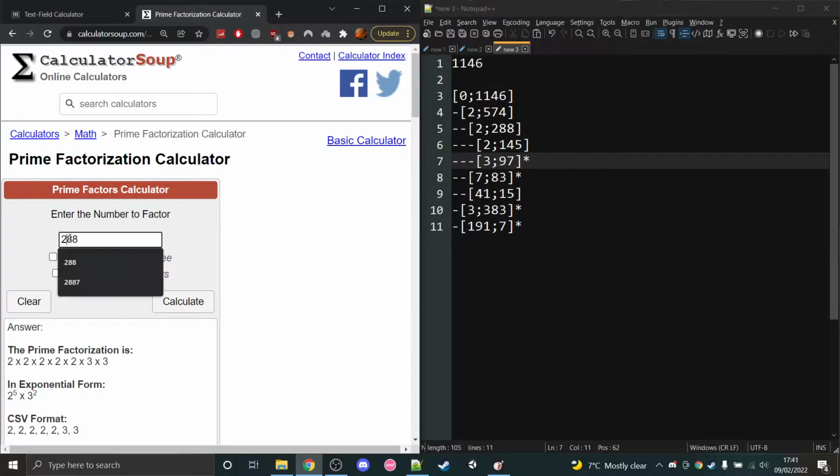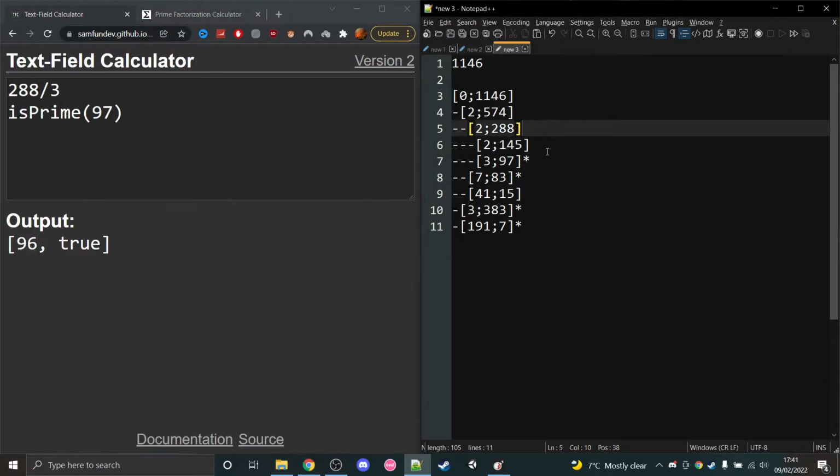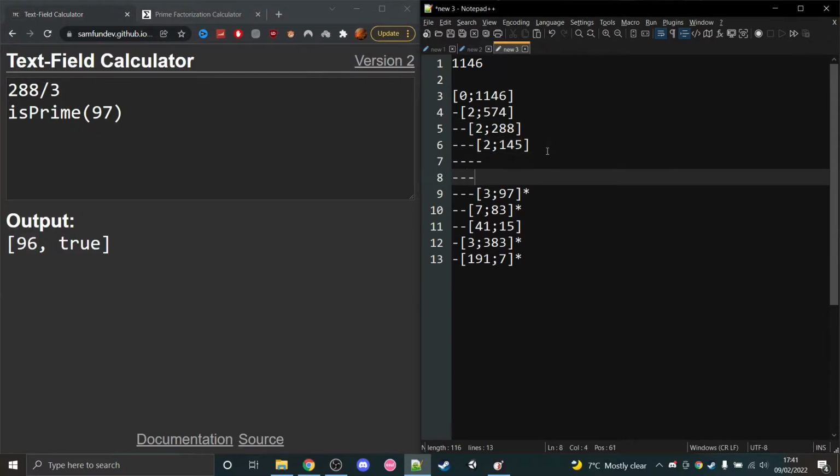Then let's plug 145 in, and we get the numbers 5 and 29. That's 2 children. Now, a little trick I learned with this. Let's put the 5 and 29 in first.